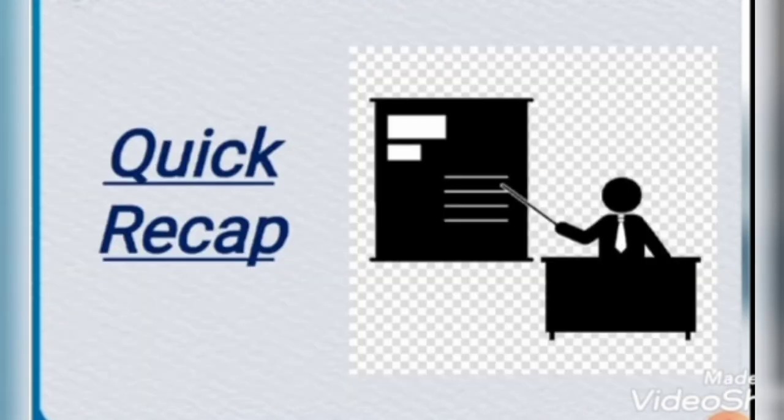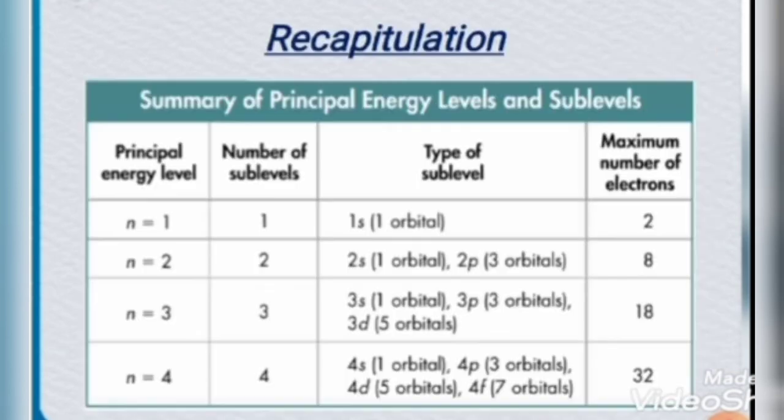Here I have a very quick recap for you. As I told you in my previous slides, if the n value is 1, it means it is the K shell. The K shell has a maximum of 1 subshell and 2 electrons will be accumulated in the s subshell. If n is equal to 2, it has 2 subshells, 2s and 2p, maximum electrons 8.